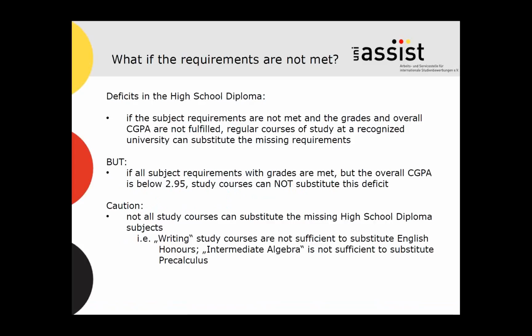What to do if the requirements are not met? Deficits in the high school diploma can be covered. If the subject requirements are not met and the grades and overall CGPA are not fulfilled, then regular courses of study at a recognized university can substitute the missing requirements.